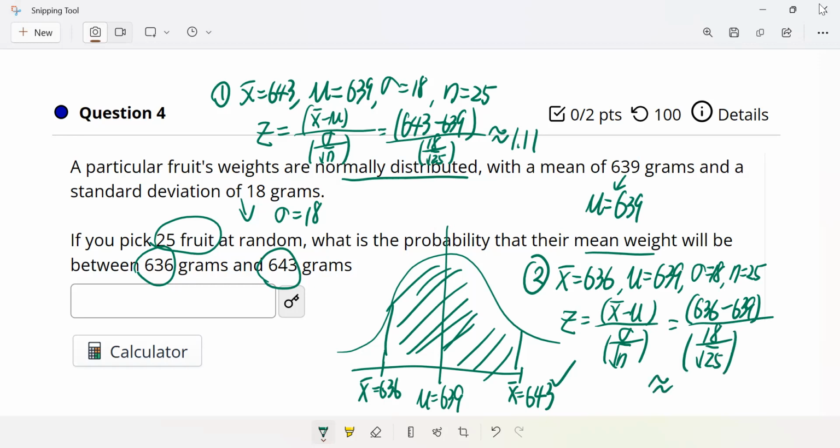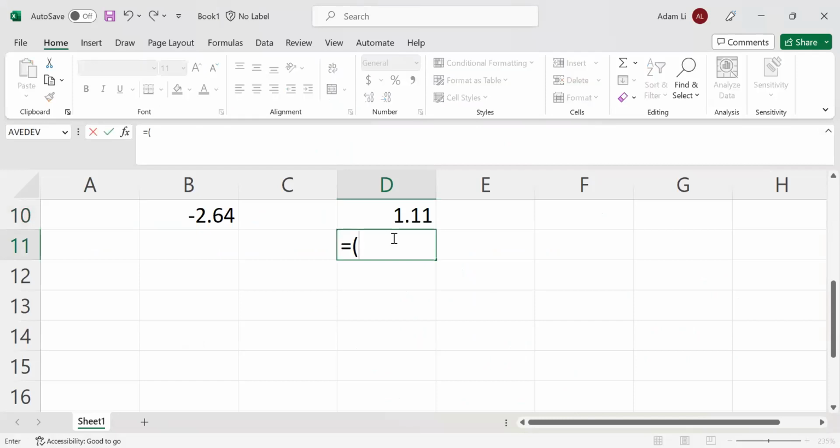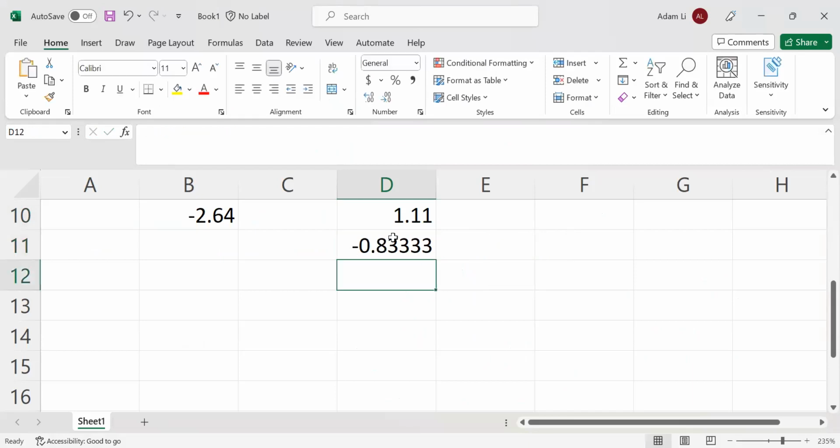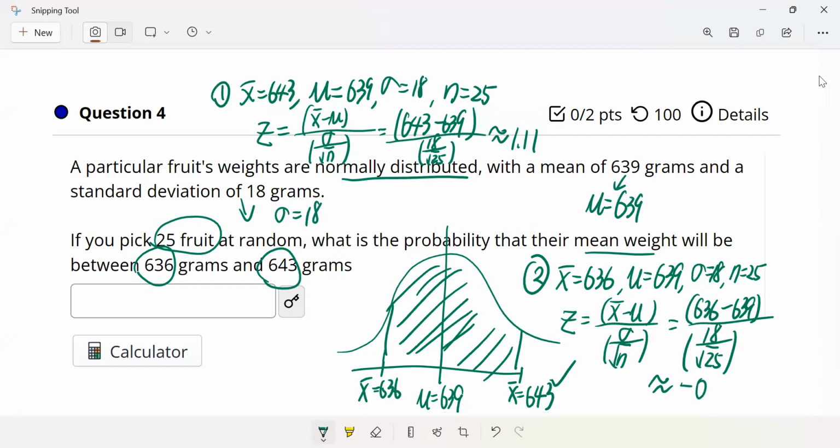And let's see what our z-score is. 636 minus 639 over 18 over square root of 25. And this could be a negative number. See what that is: negative 0.83.